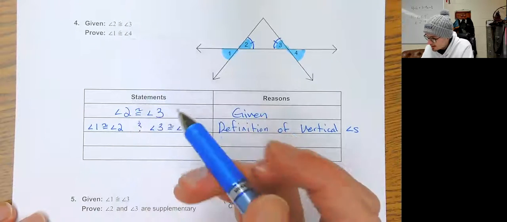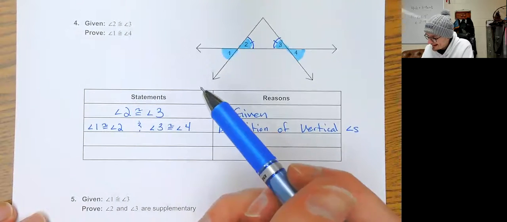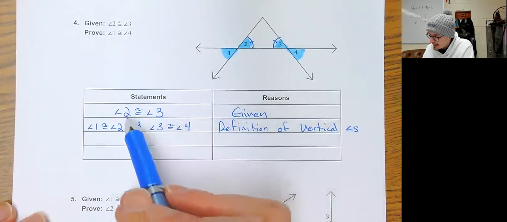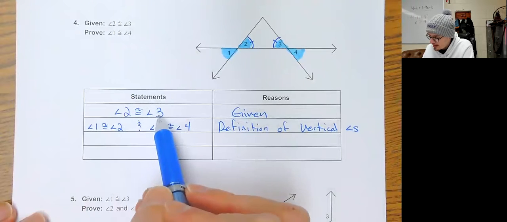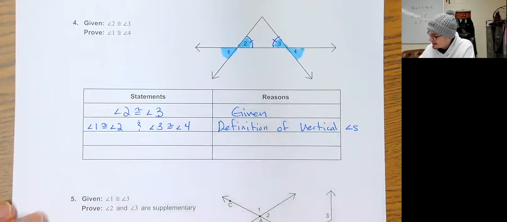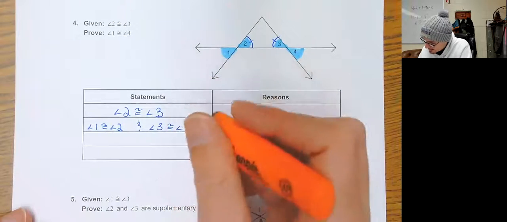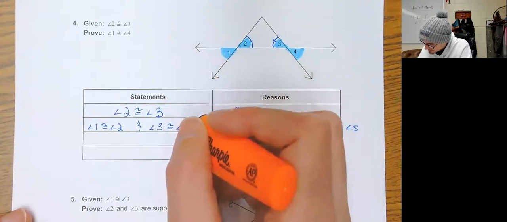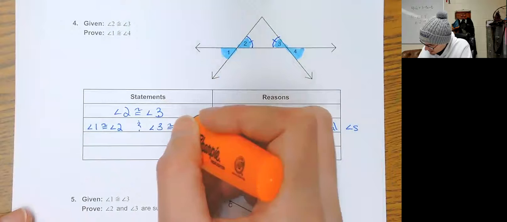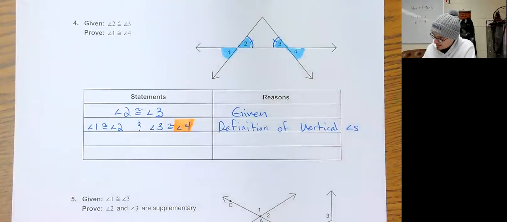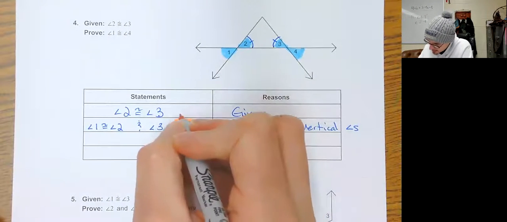So if I want angle 1 is congruent to angle 4, and I know that angle 2 is congruent to angle 3, can I take angle 4 and substitute that in for angle 3?